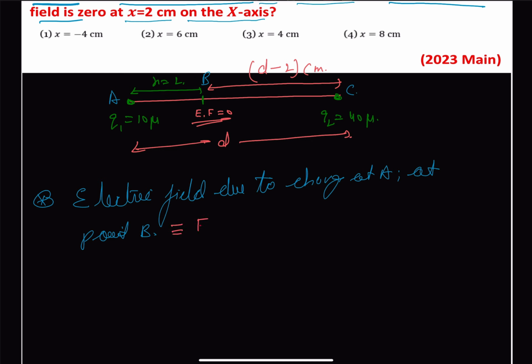So E1 will be equal to K Q1 divided by 0.02 whole square.